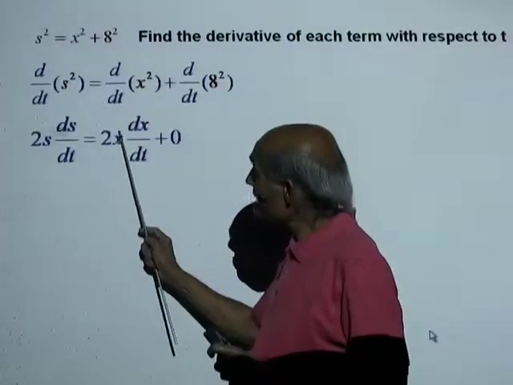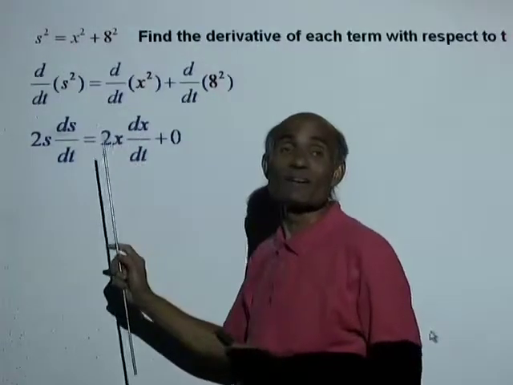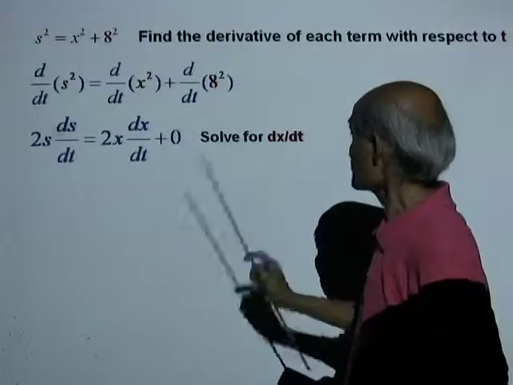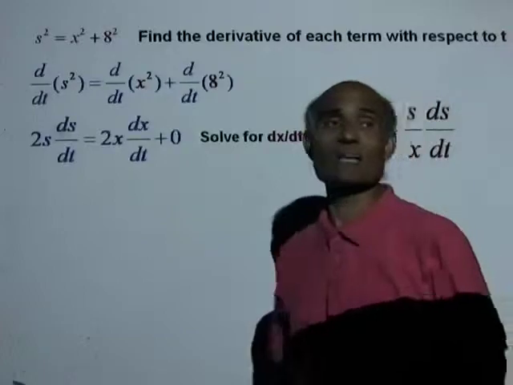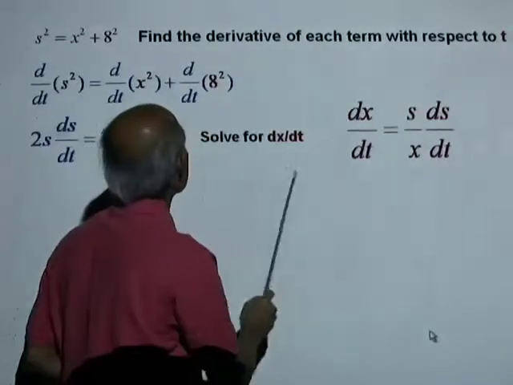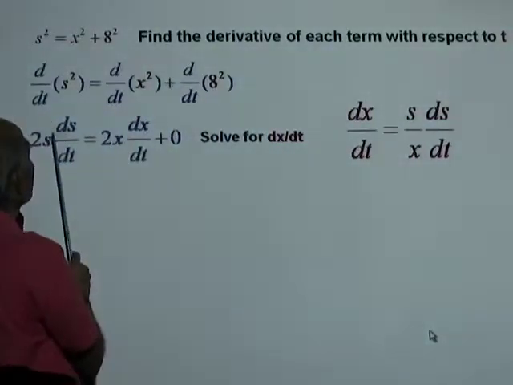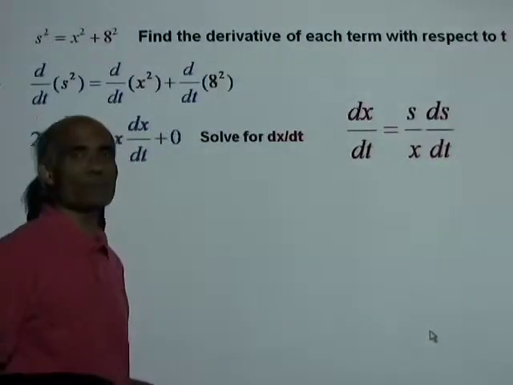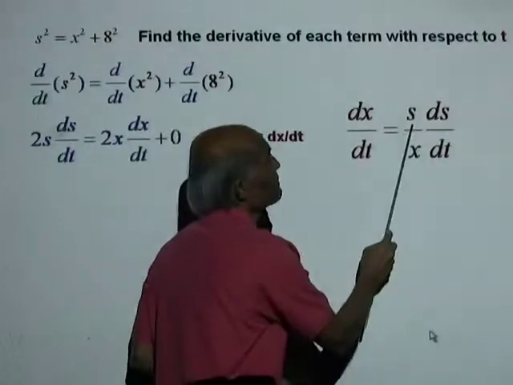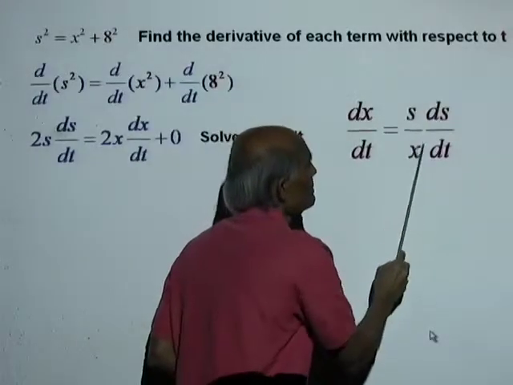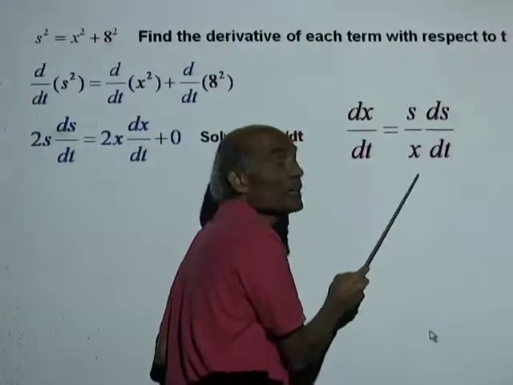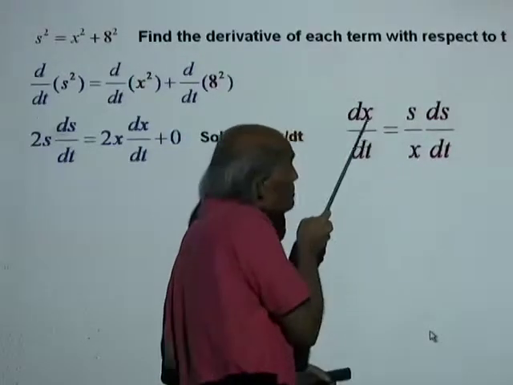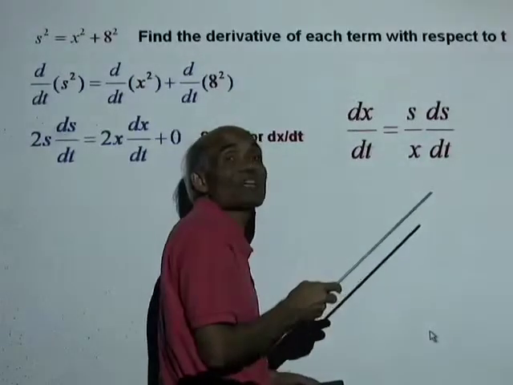That will be the x value that goes in there. So that's something you need to be careful about. So we solve for dx by dt. What do you get? dx by dt equals s over x times ds by dt. As I said, we know the value of s and the value of ds by dt. We need to find the value of x in order to find dx by dt.